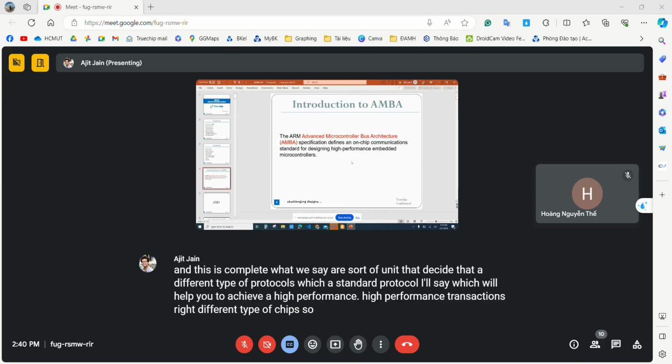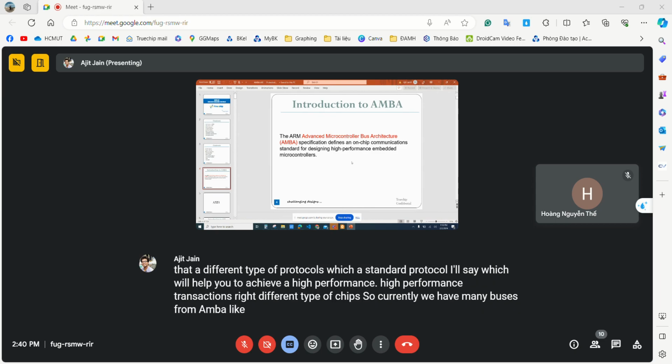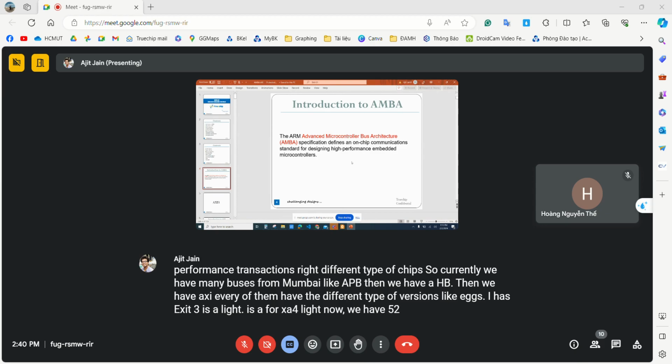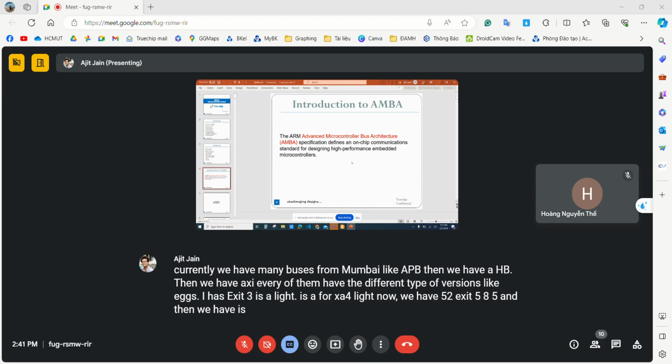Currently we have many buses from AMBA, like APB, then AHB, then AXI. Every one of them has different versions. AXI has AXI3, AXI4, and AXI4-Lite. Now we have shifted to AXI5, AHB5, and then we have ACE. ACE is an extended version of AXI. Okay.